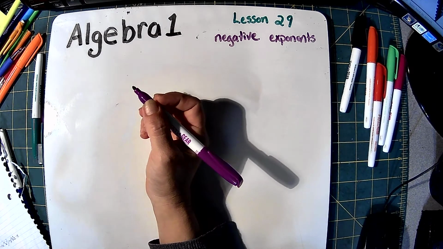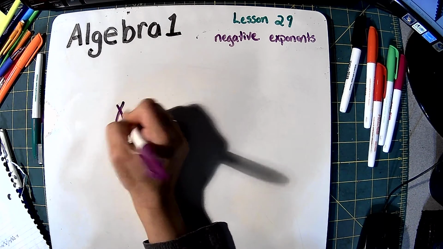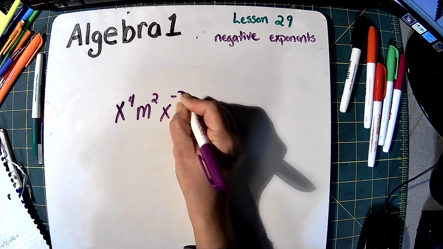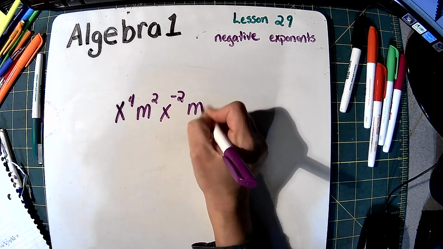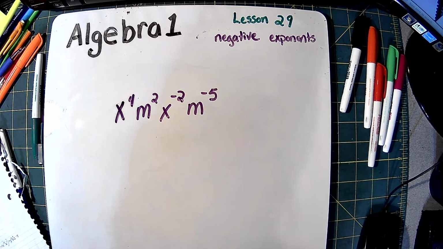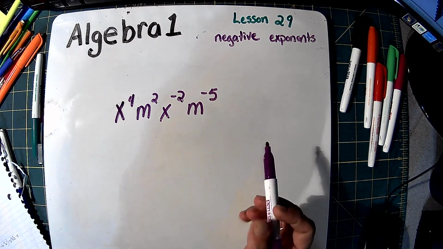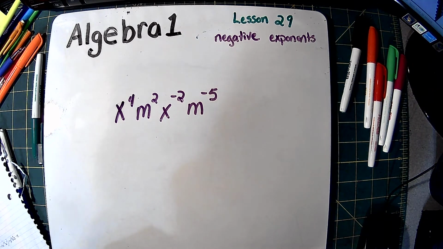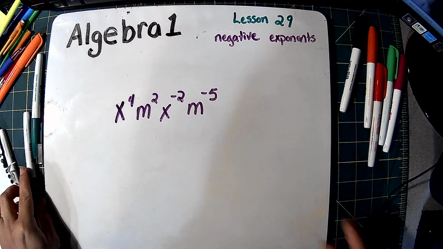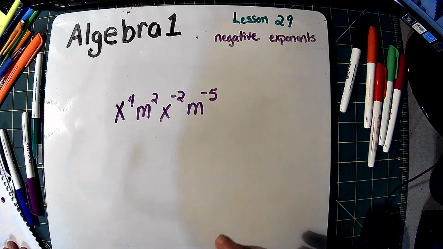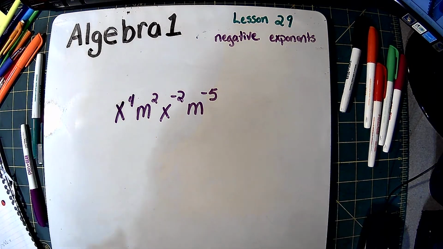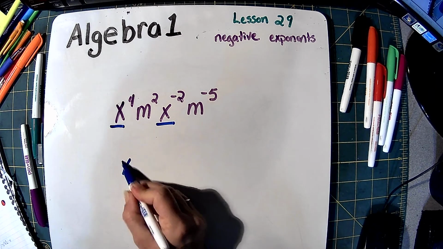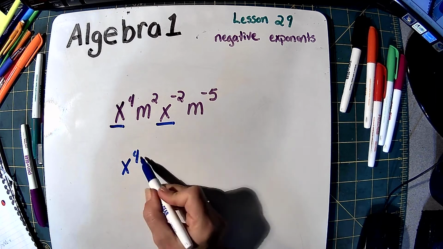So here are some examples. So we've got x to the 4th, m squared, x to the negative 2, m to the negative 5th. Okay. So all we have to do is add the exponents on the ones that the bases are the same. So which ones of these have bases that are the same? We've got x's. So that means that this is x to the 4th minus 2.